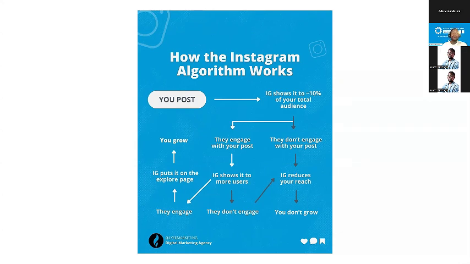So it's important that even when people reach out to you in the comments asking what's the price of this, what's the price of that, you engage. Even if it means just telling them, please check your DMs, just so that Instagram sees that this is actually content that people are engaging with.